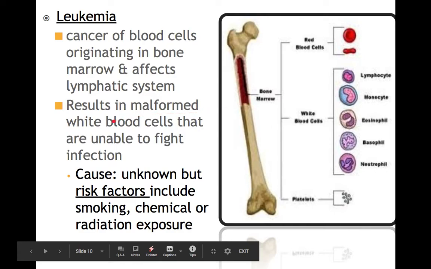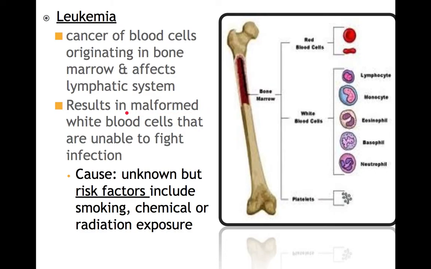And if you have leukemia, then you're not going to be able to form fully functional blood cells. So you'll have a lower count of normal blood cells and a higher count of malformed blood cells. And when your white blood cells are malformed, you can't fight infections off. And so you fall prey to opportunistic secondary diseases like pneumonia, for example.